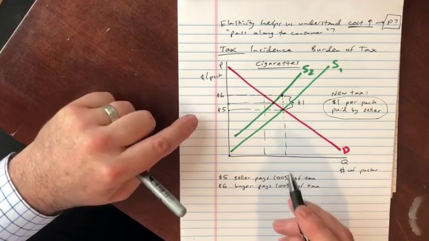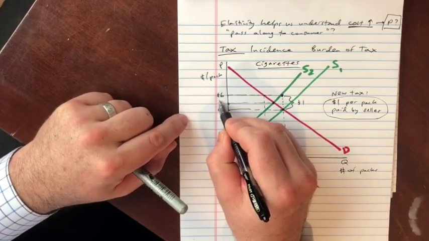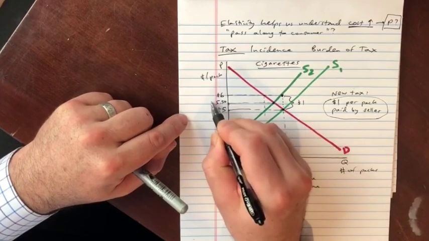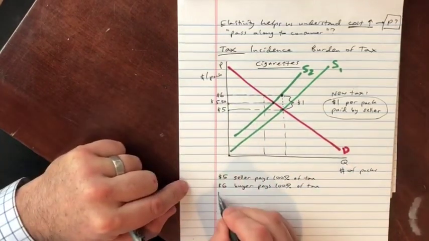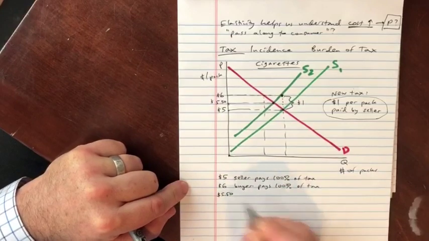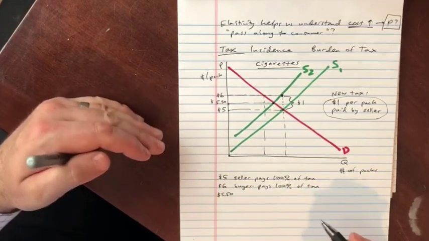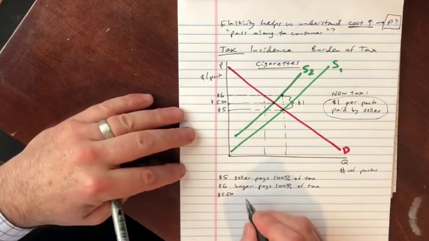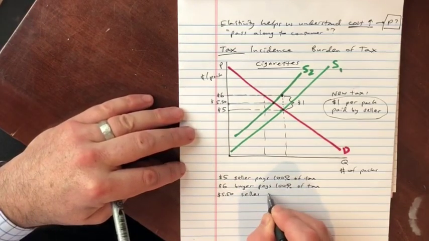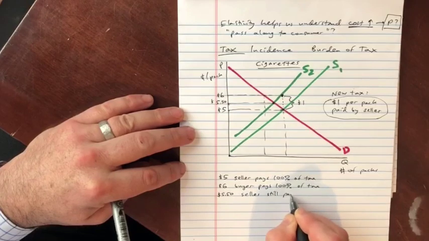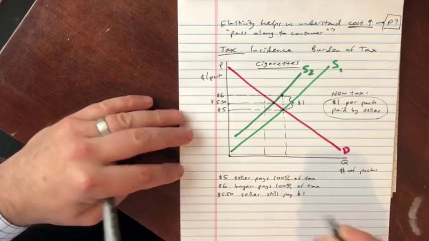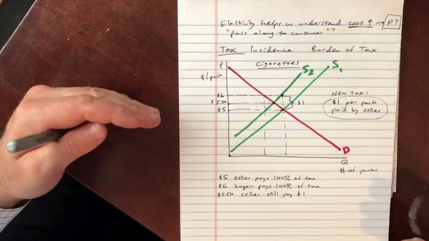So, like in this case, let's say we end up at $5.50, okay? So, at $5.50, what has happened here? Well, the seller is going to pay a portion of it, because here's what happens, okay? The seller, they still pay $1 to the government, right, by the per pack, okay?